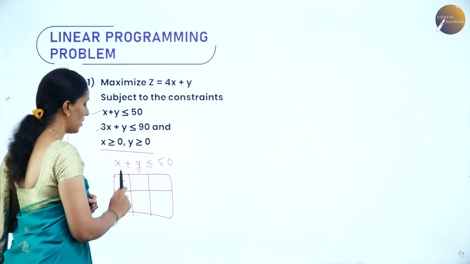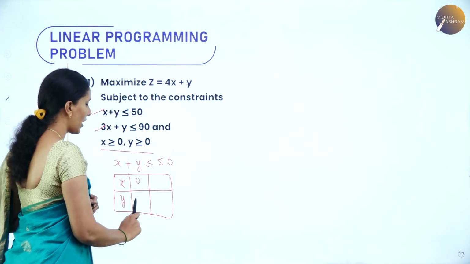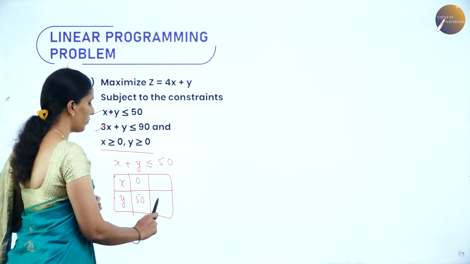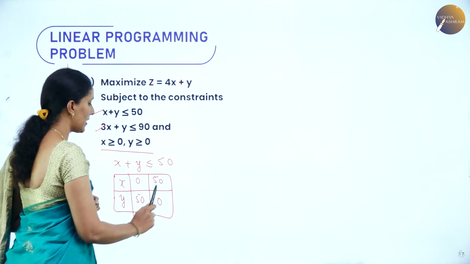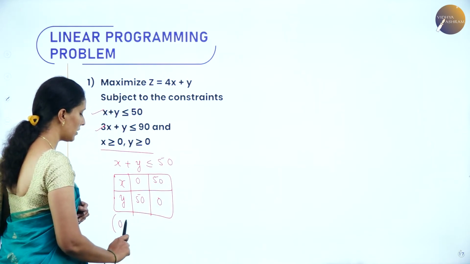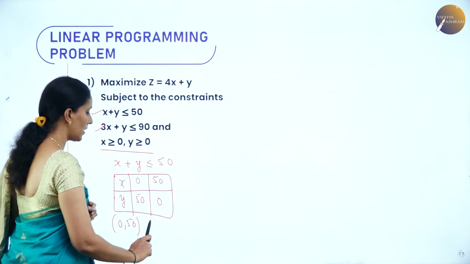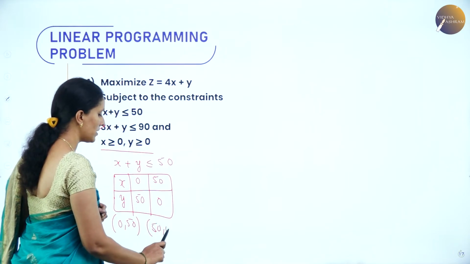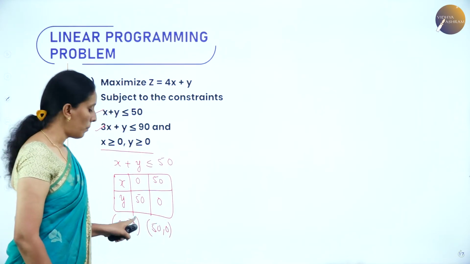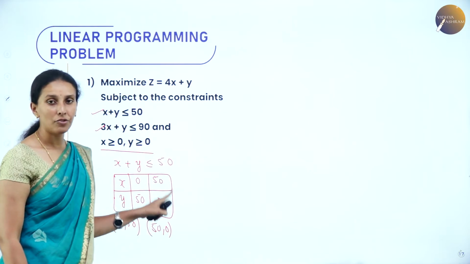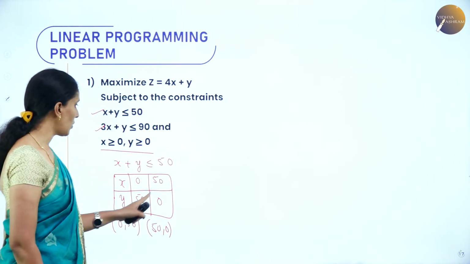For x equal to 0, you get y as 50. If you put y as 0, you will get x as 50. So the solution for this linear equation is (0, 50) and (50, 0). You can plot these points in a graph and draw a straight line for this equation.